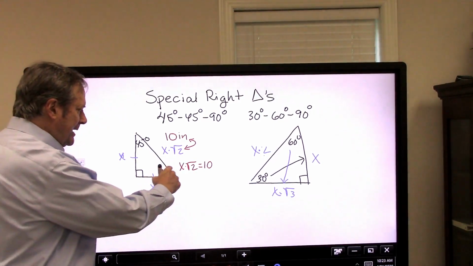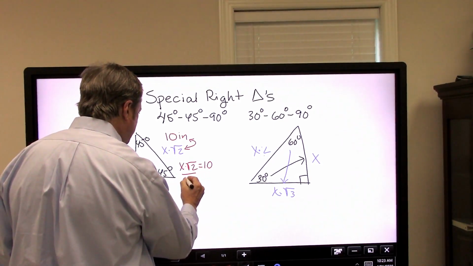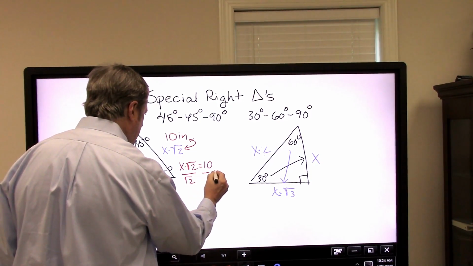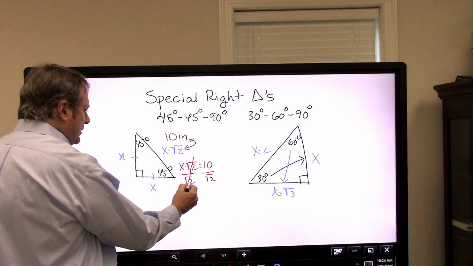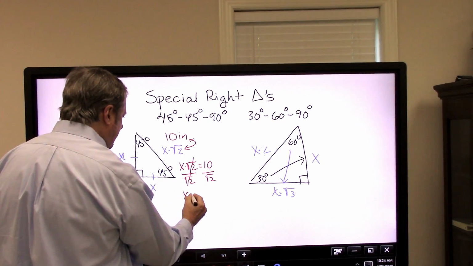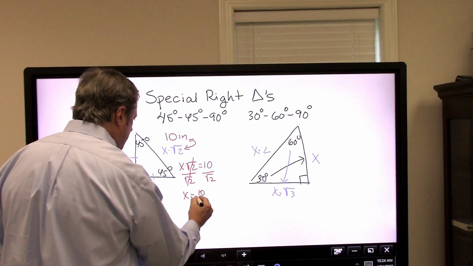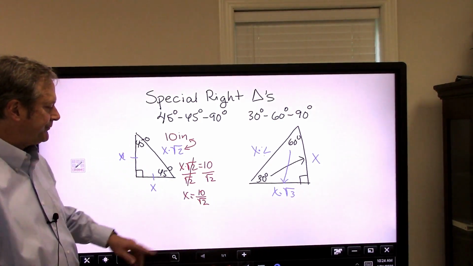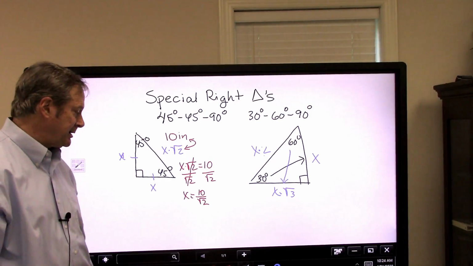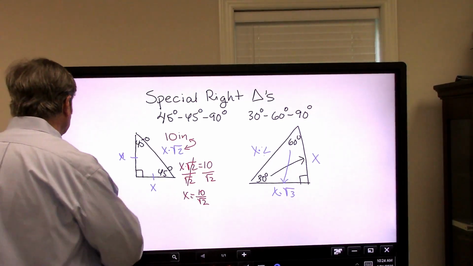And then we're going to divide both sides by the square root of 2. Those cross out, and so we have x is equal to 10 divided by the square root of 2. But we have to rationalize that denominator.